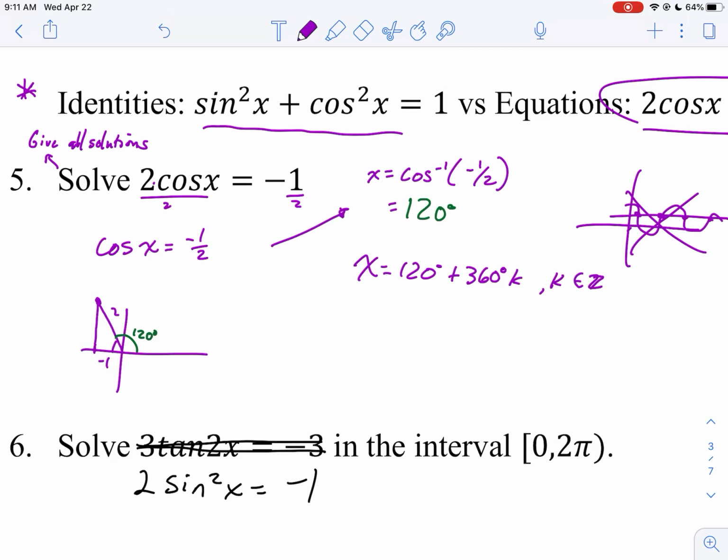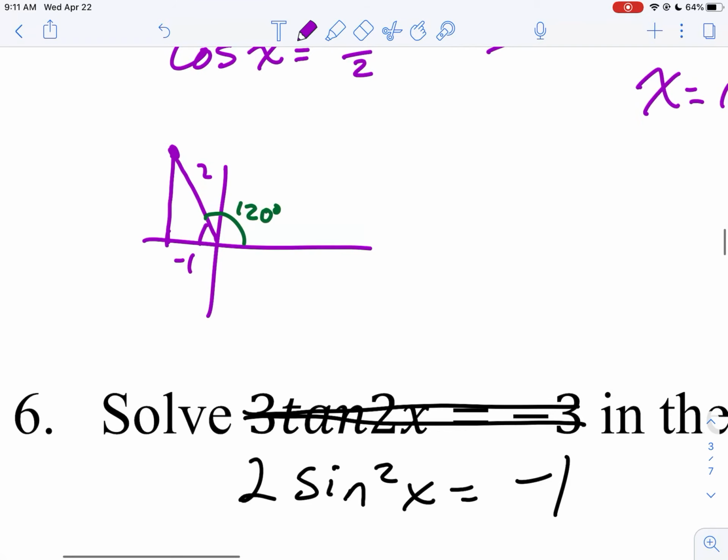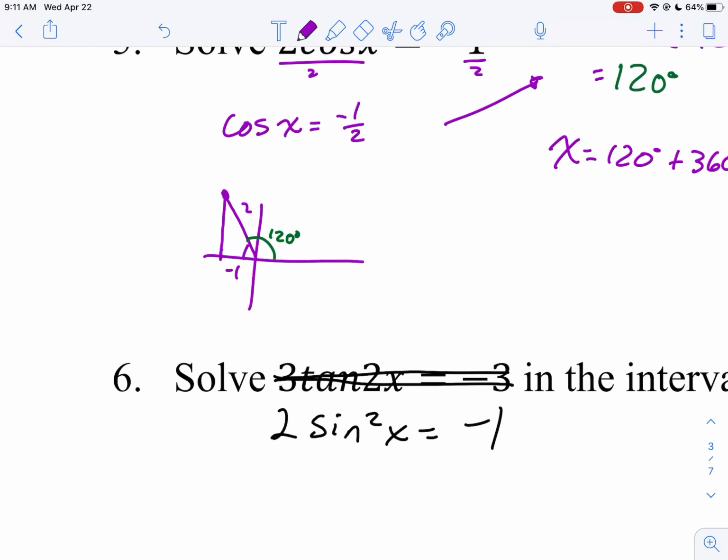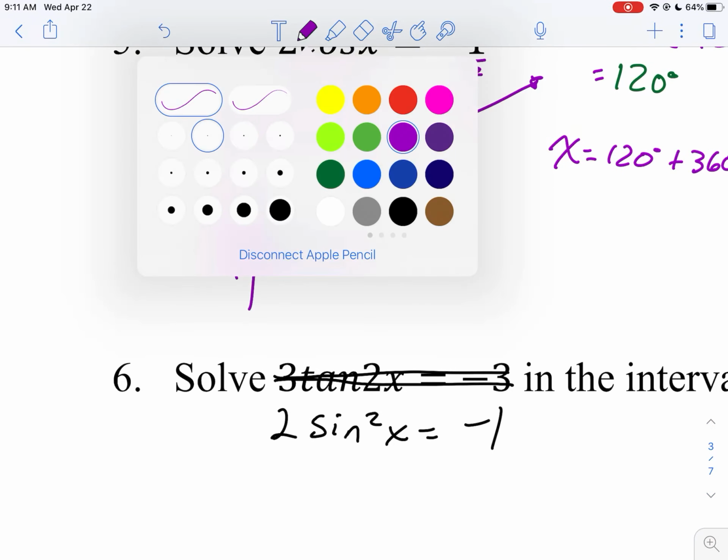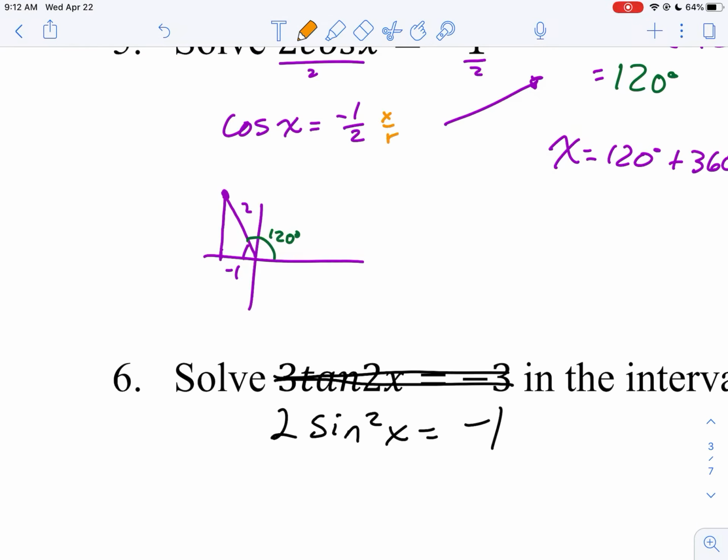But if you think about your circle, there's another place on the circle where cosine will be -1/2. Cosine, you remember, is x over r. There is another angle down in this quadrant, I guess is what I'm trying to say, where the x value is -1, the radius is 2.